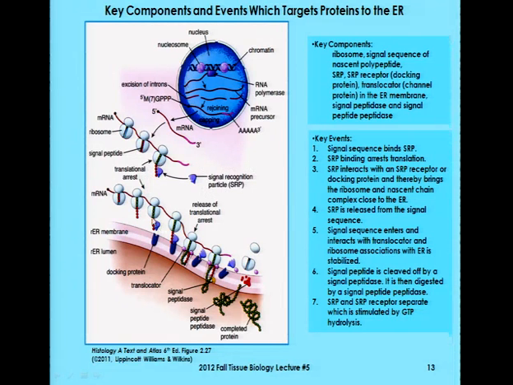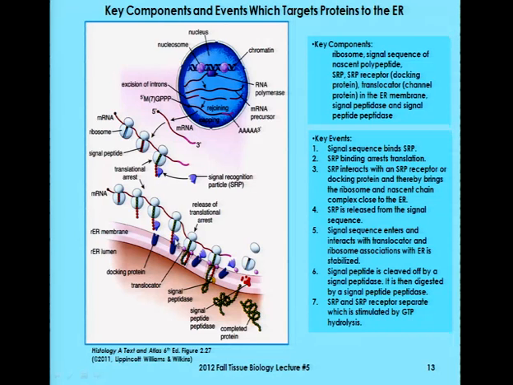Now, the signal recognition particle will bind to a docking protein in the rough ER membrane. This docking protein acts as a receptor for the signal recognition particle. Once the signal recognition particle binds to the docking protein, this brings the ribosome and the nascent chain complex close to the rough ER membrane.